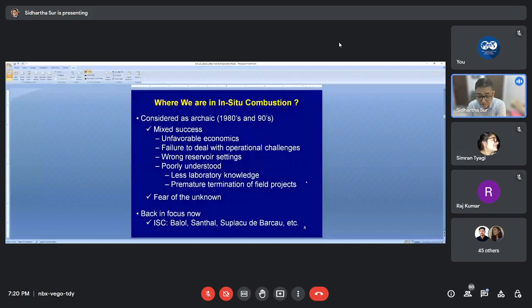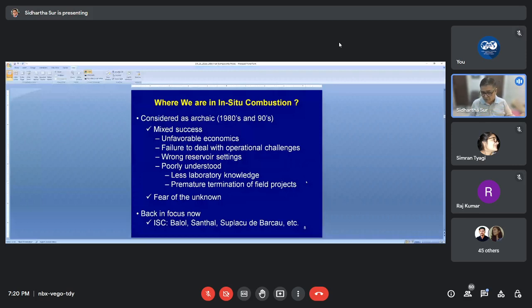This is a very big fear which not only is in the mind of the people who don't know a subject, but it is very common in the industry who are not aware of in situ combustion. First instinct, without knowing it, because the intricacies are not known, it is not readily accepted.